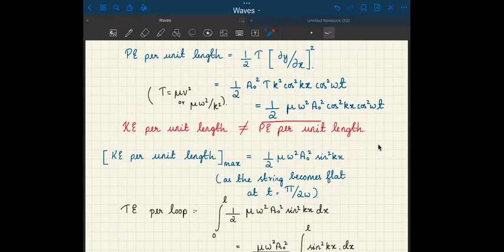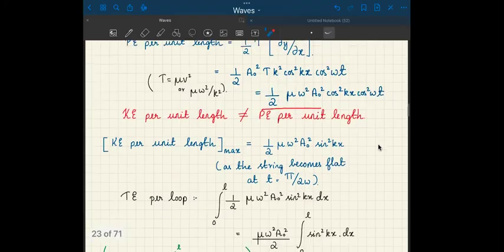This is for an element you are given. And remember, at this stage, string will be flat. When is KE maximum? When the string is flat. What happens between flat and the topmost stage? The element will have both forms of energy, both potential and kinetic. At the complete upper extreme stage, only potential energy exists.